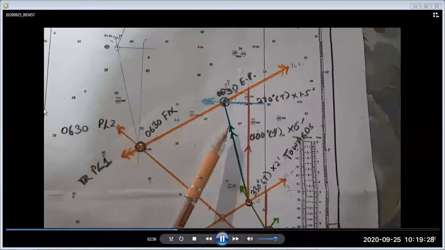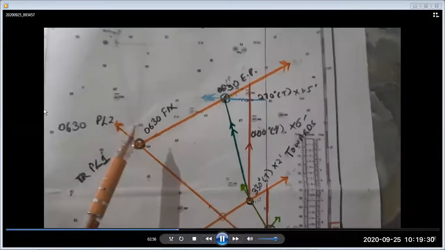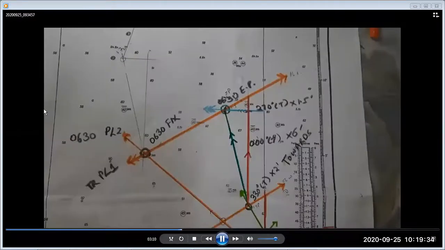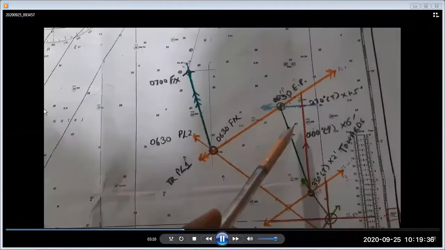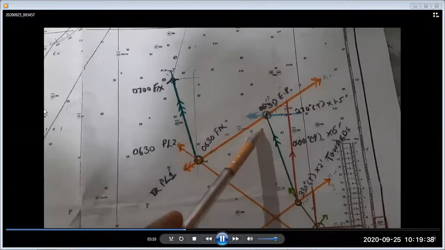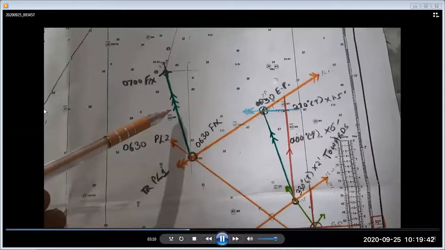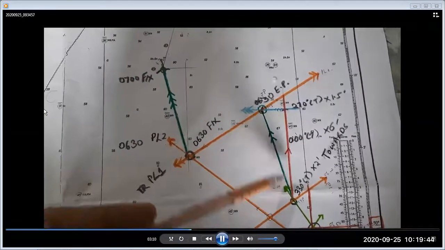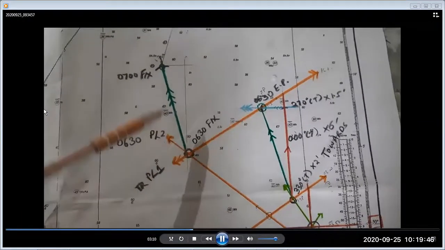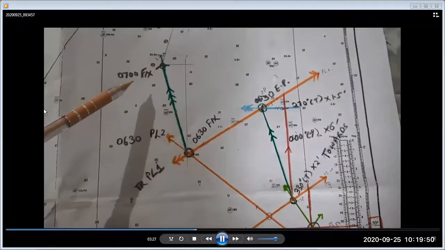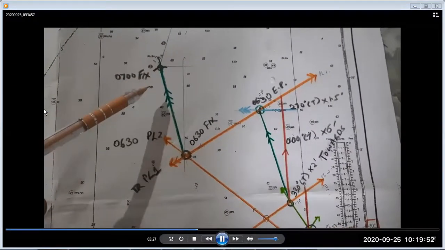So if we transfer the course made good to here, we will get the 0700 fix. So we transferred this course from here to here, and same distance, because 0630 to 0700 is also half an hour, and wherever it cut, that is our 0700 fix.